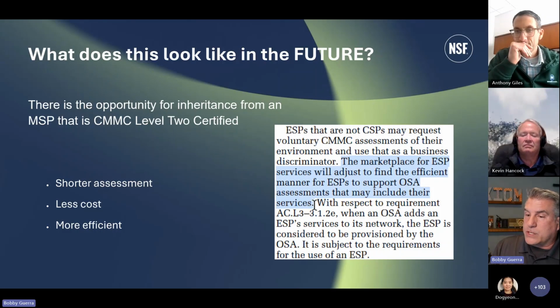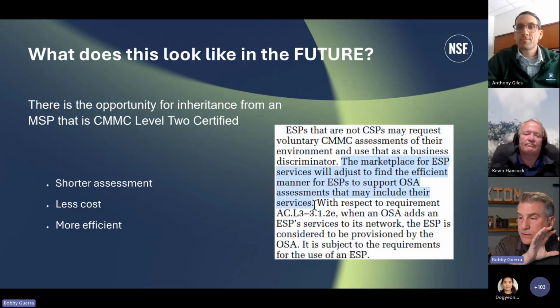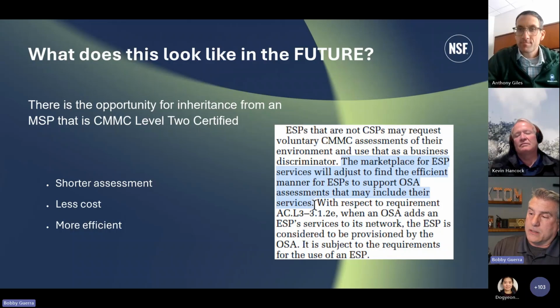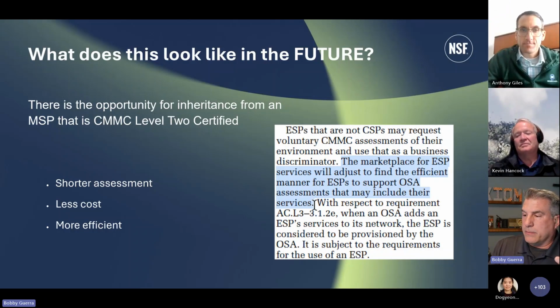When you go into the audit, that could be a straight inheritance because it was fully in scope of a full level 2 audit or even a FedRAMP assessment. At that point, you've got some real teeth there, you can say this has really been examined. If you have that conversation with your C3PO, those could be straight pass-throughs. And this is my theory.